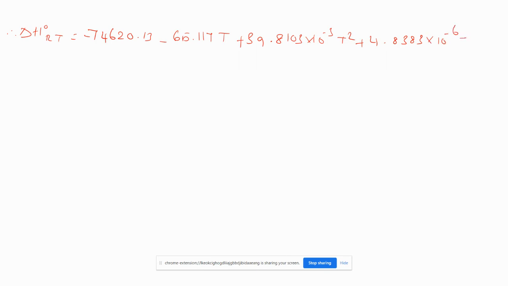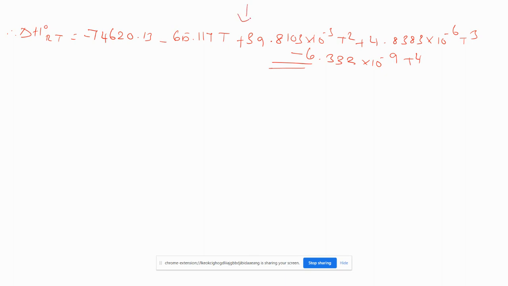Therefore, del H0 RT will be equal to minus 74620.13 minus 65.117 T plus 39.8103 into 10 power minus 3 T square plus 4.8383 into 10 power minus 6 T cube minus 6.332 into 10 power minus 9 T power 4.